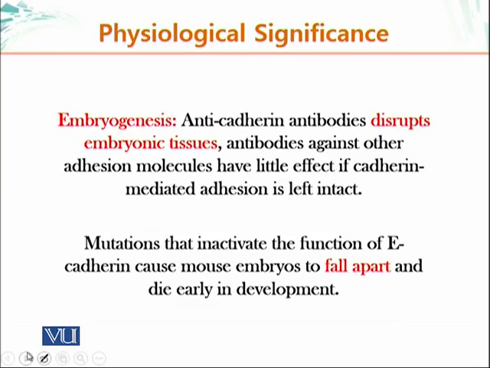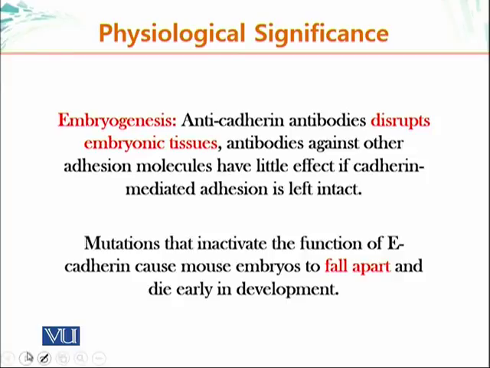Physiological significance of these cadherin molecules: we have also seen that particular disease I talked about in the previous module, pemphigus vulgaris, that results in a fairly severe disease. During embryogenesis, if we treat the embryo with anti-cadherin antibodies, it disrupts the embryonic tissue, whereas if we make antibodies against any other protein, it has little effect on adhesion.